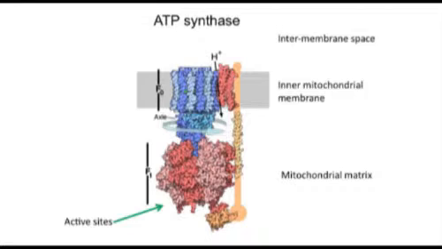The stalk isn't symmetrical, so as it turns, it pushes against the inside of the F1 proteins, altering their shape. The F1 segment contains the active sites where ADP and inorganic phosphate, or Pi, are converted to ATP.